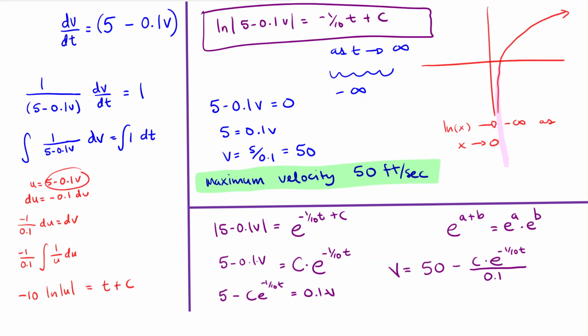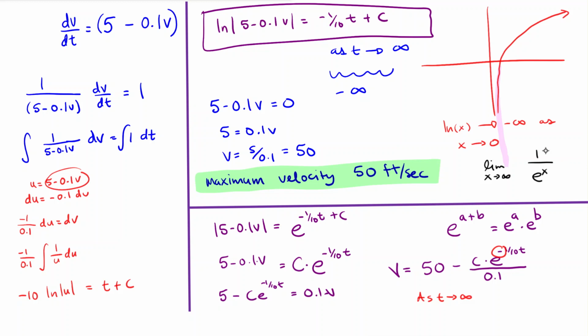And the point of this question was to figure out the maximum velocity. So again, we consider what happens as t goes to infinity. Well, as t goes to infinity, we have e going to negative infinity because of this negative. 1/10 times infinity goes to infinity, but then since we're multiplying by the negative, we're really looking at e going to negative infinity, and that's the idea of 1 over e to the x, the limit as x goes to infinity is 0.